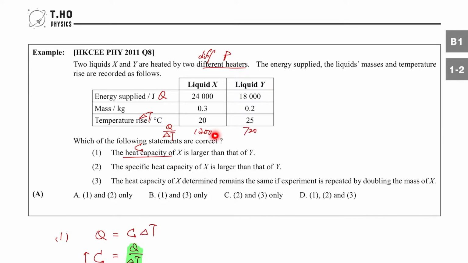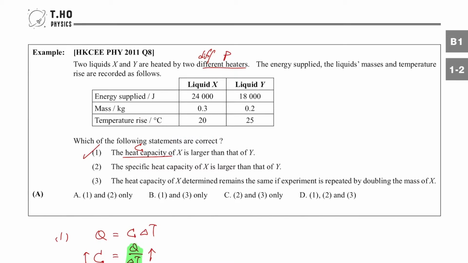So as we can see, X has a larger Q over delta T. Larger Q over delta T means larger heat capacity. So it is correct to say that the heat capacity of X is larger than that of Y.